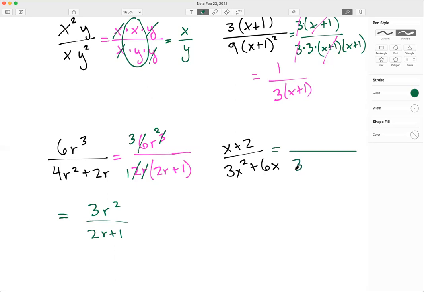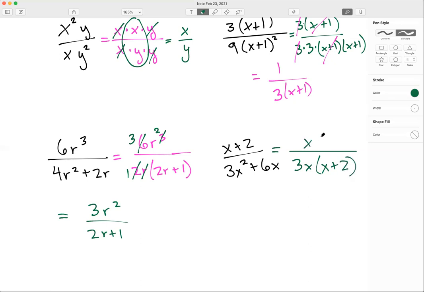So I'm going to pull out a 3. I'm also going to pull out an x because we have an x in common. Now, what I have here is an x only, right? I pulled out a 3x from here. I have just an x, pulled out 1. I had 2, I pulled out 1. Then I pulled out a 3x from here, so I'm left with a 2, and that's it, just 2.